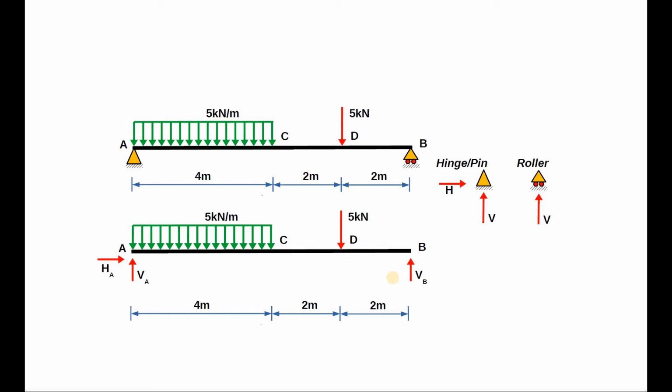The external forces remain as they are. We usually represent support reactions using letters for directions and subscripts denoting the point at which they act. Hence, as you can see, we have HA and VA for horizontal and vertical reactions acting at point A, and VB for vertical reaction acting at point B.